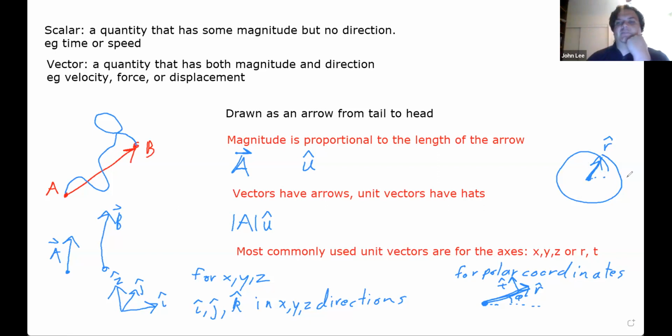It is pointing directly along the r hat axis, because the definition of the r hat axis is just from your initial origin point to the final point that you're looking at. And then it's going to have some angle, which we're going to call the Greek letter phi, which is what it makes with the x-axis. Okay, so that's the basics of one-dimensional vectors.